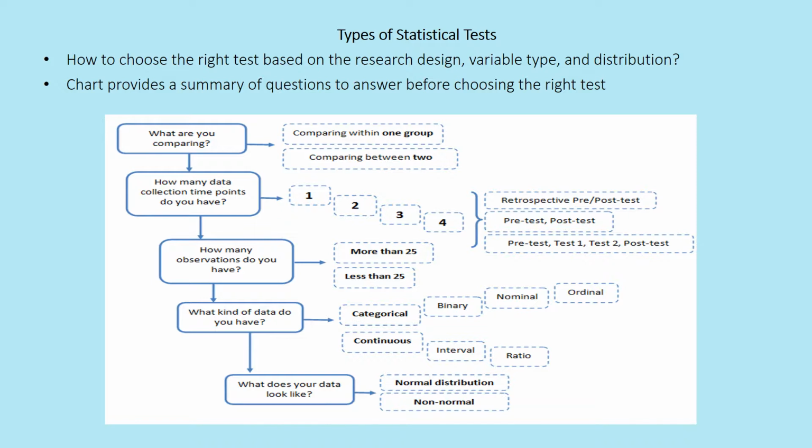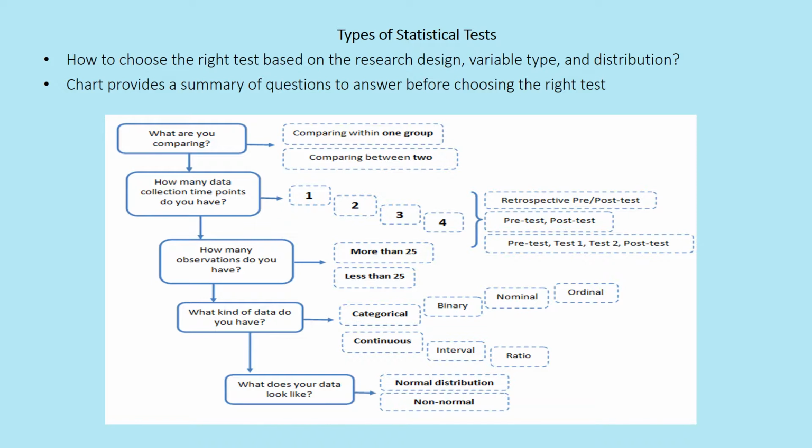Those are different times that we're going to collect data on our group. How many observations are we going to have? 25, less than 25, or more than 25? The number I mentioned in class was 30. 30 is always a little higher number and you get a better cutoff. We know that's going to have an influence on our statistical tests, and we'll mention that later.